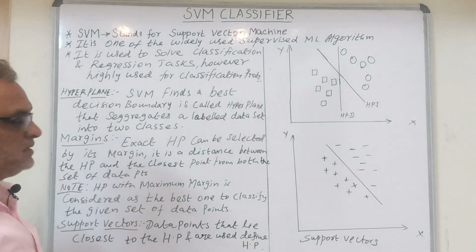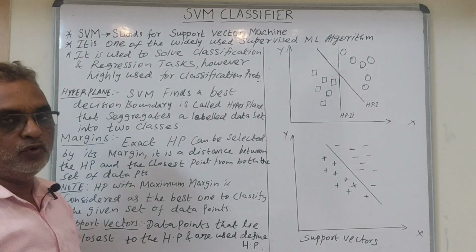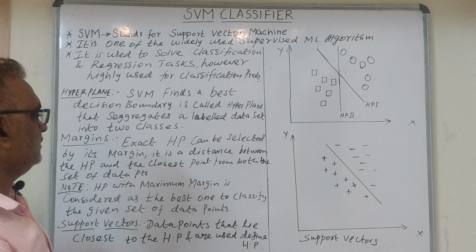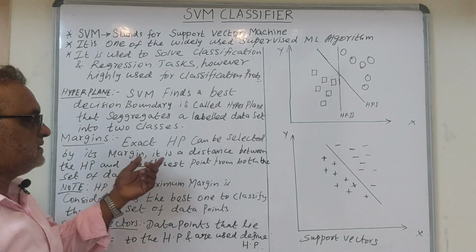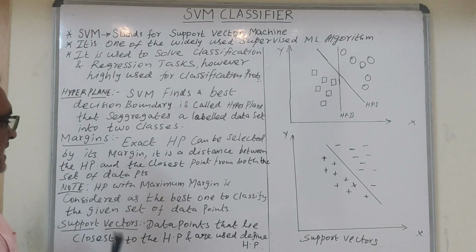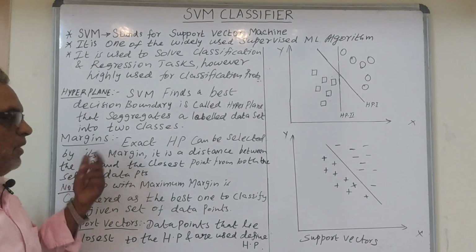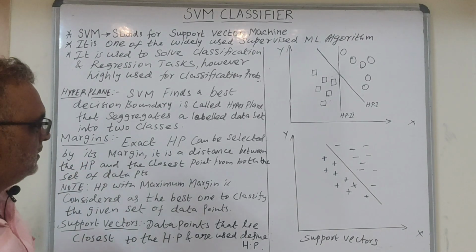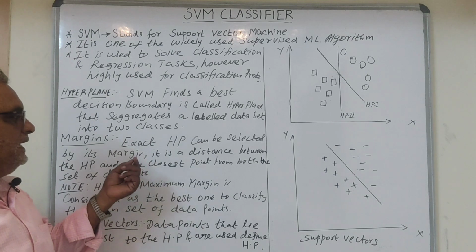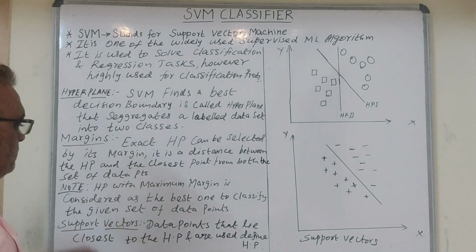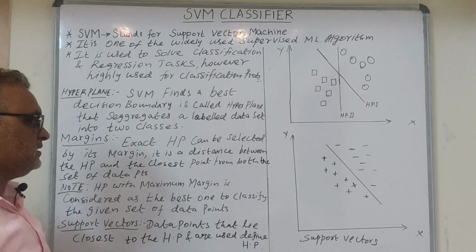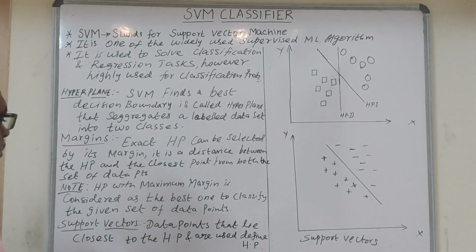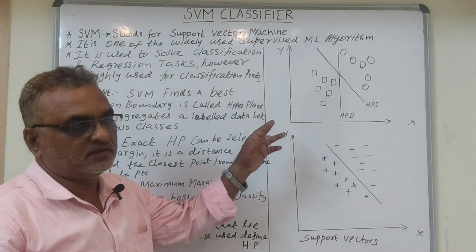Then in hyperplanes, we need to know about another important concept called margin. The exact hyperplane can be selected by its margin only. Margin is the distance between the hyperplane and the closest points from both sets of data points.